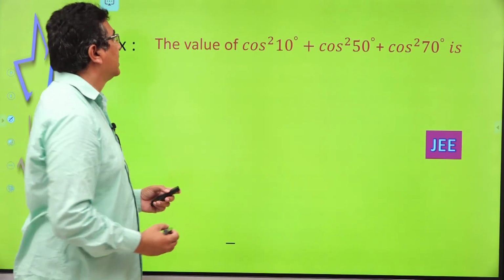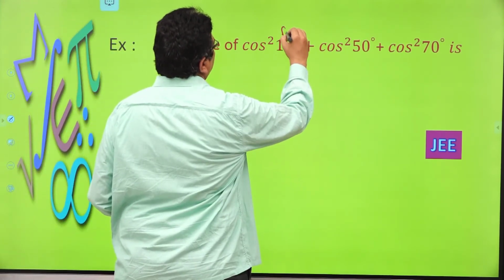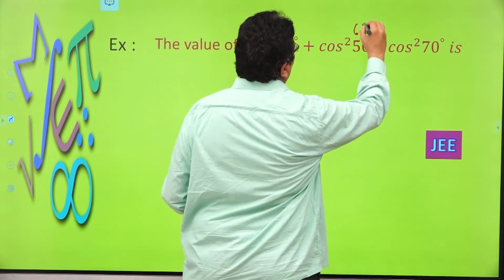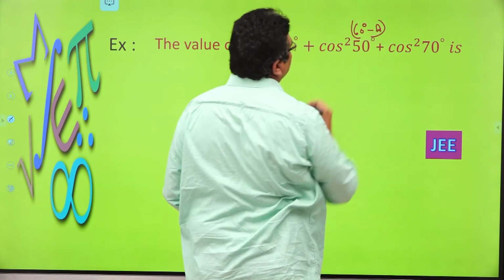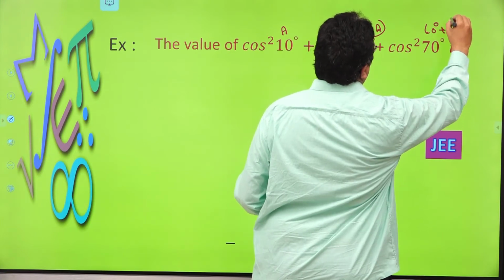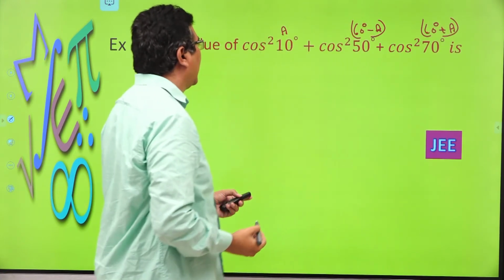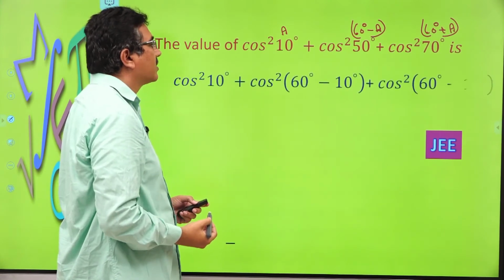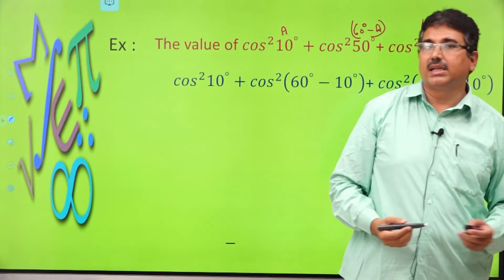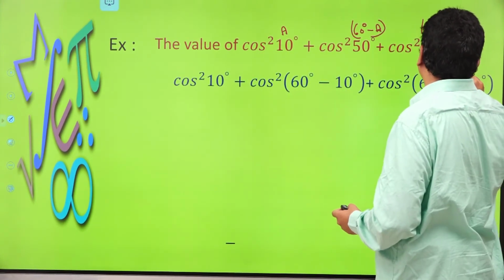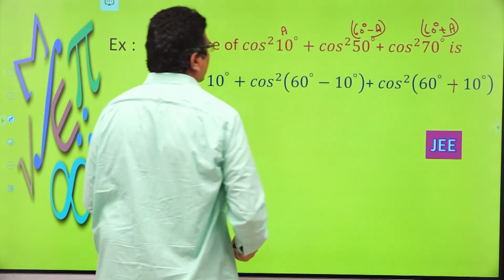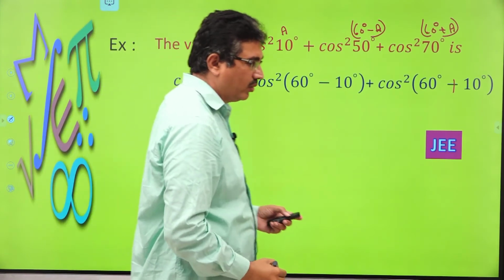This is cos square A, this is cos square of 60 degrees minus A, and this is cos square of 60 degrees plus A. That is equal to cos square A plus cos square 60 minus A plus cos square 60 plus A, which by applying the above result is equal to 3 by 2.